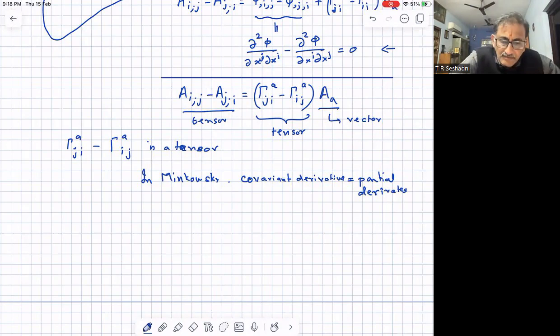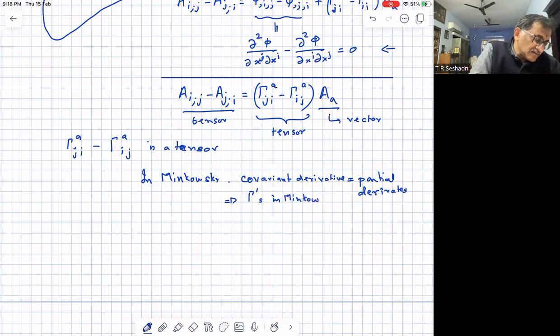It means that gammas in Minkowski are equal to 0, because gamma is the one which takes into account change which is not physical but because of coordinate artifact.